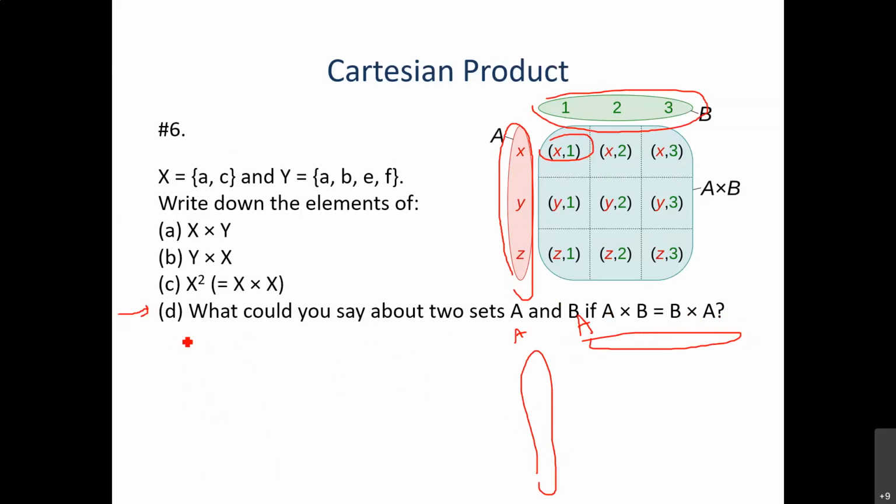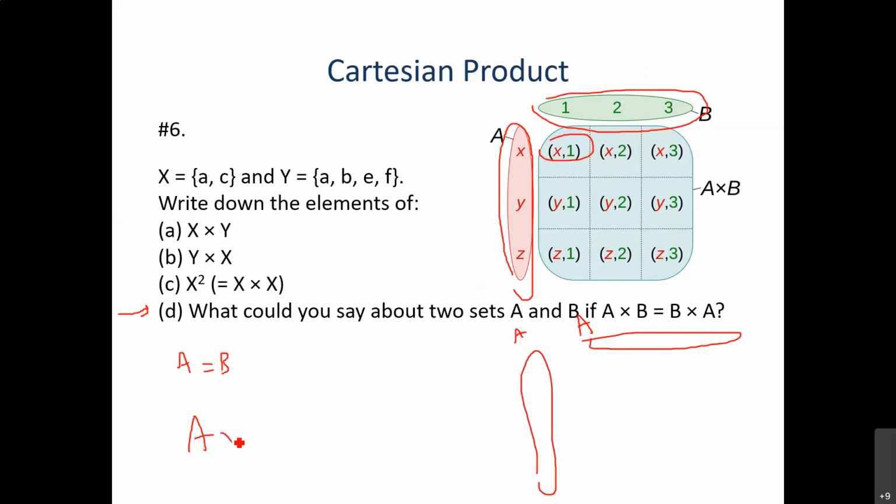So if you have two sets, no matter how you cross them, it's gonna be the same. That could only mean that, hey, A equals B. So in this scenario, no matter how you put A or B, they have to be equal if the Cartesian product is the same, because we know, obviously, the Cartesian product isn't commutative.